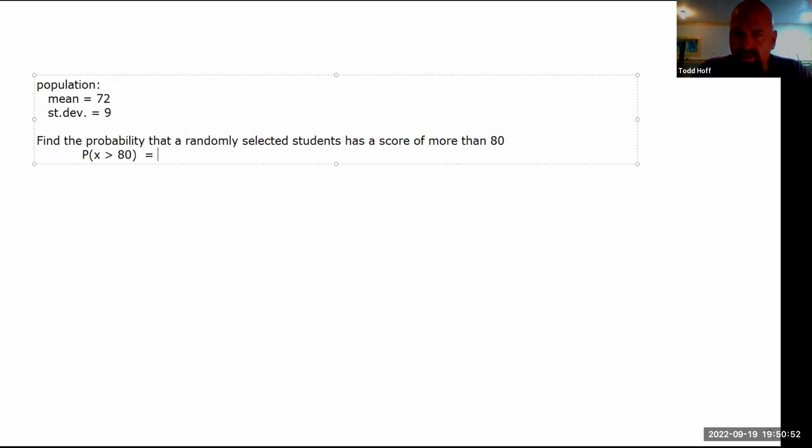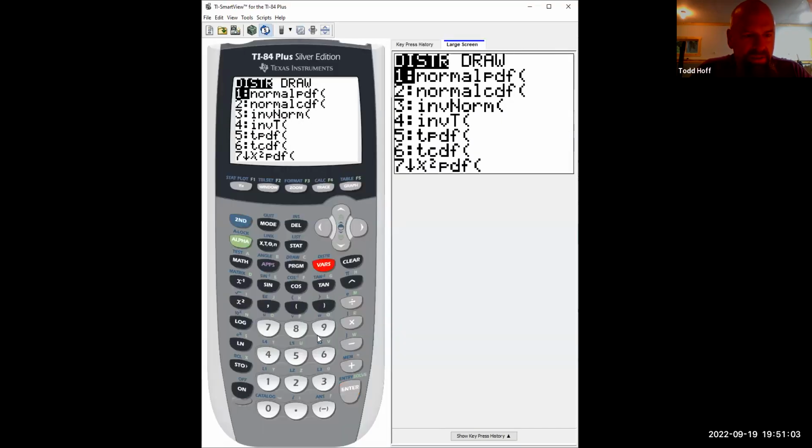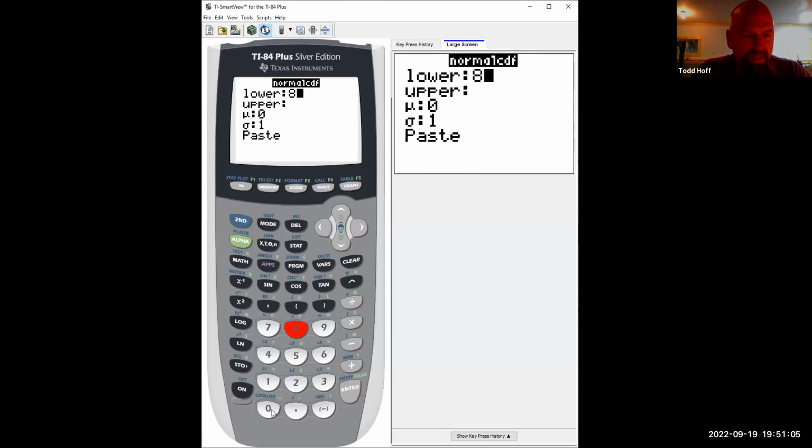So we're just going to do a normal CDF of being greater than 80. So second distribution, normal CDF from 80 to positive infinity for a mean of 72. And this is a single per student, an individual value.